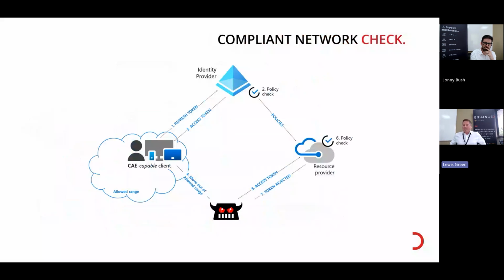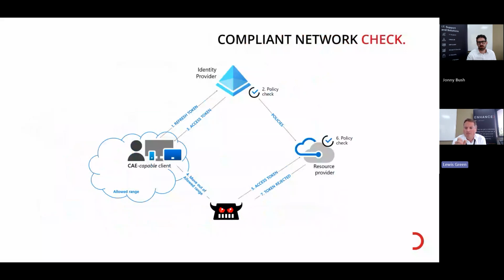One of the functions this enables is what's known as compliant network check. This is a conditional access policy that will only enable access to Microsoft resources for clients that have the GSA client installed. So in this case, if I was to connect from my device, I'll be given a refresh token and an access token to the application if I'm running through the GSA client, which is going via the private internet access.